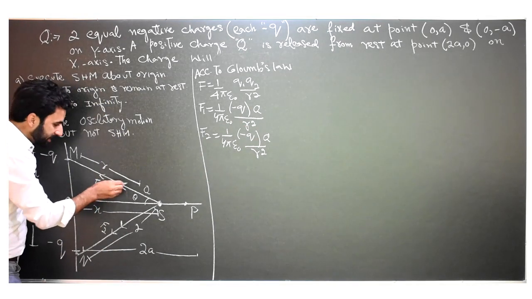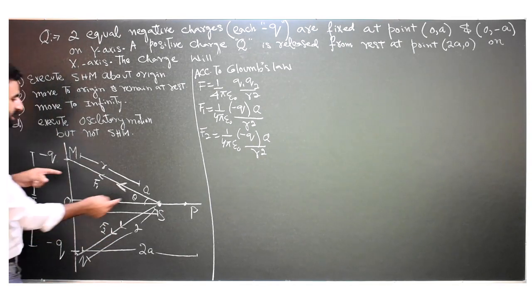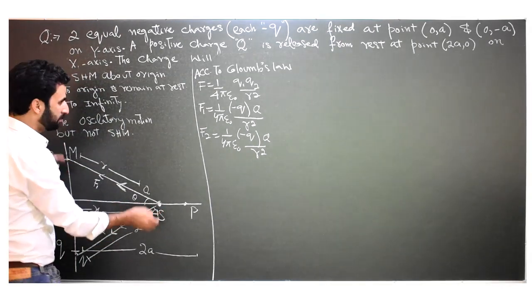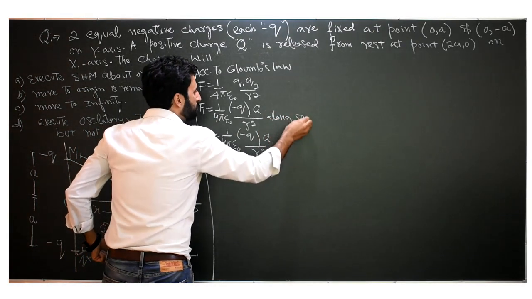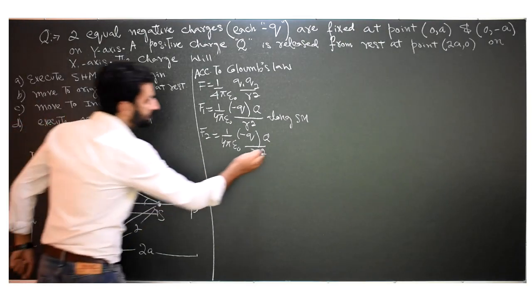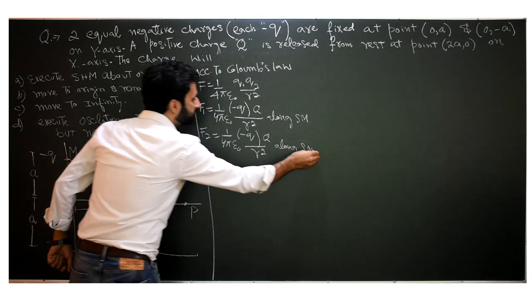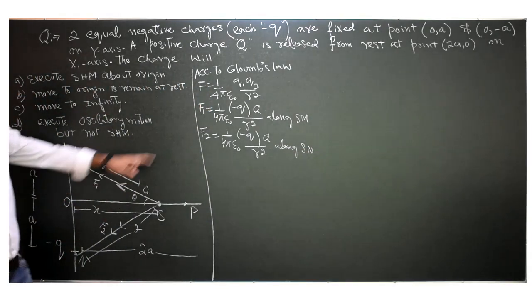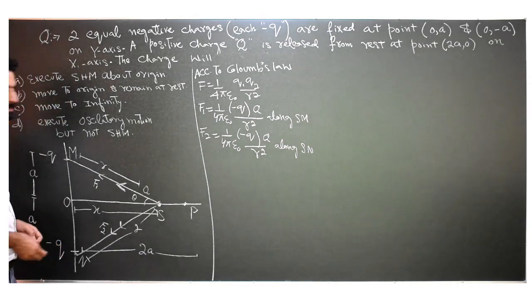But F1 is directed in this direction and F2 is directed in this direction. So we can mention the direction: this is along SM, and this force is along SM. So we have to take the sum of both of these forces.